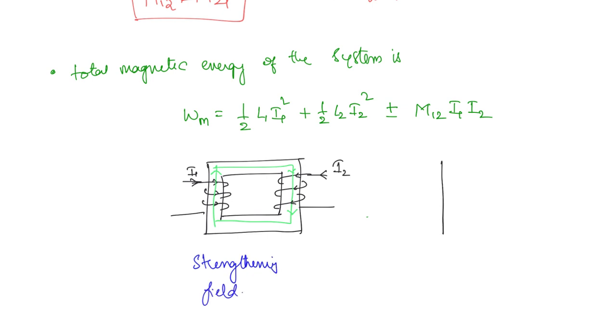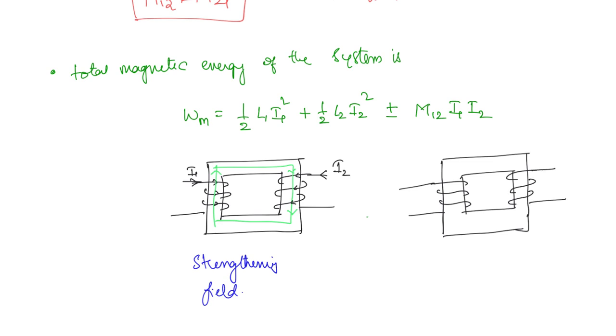Now if you take another case, we will take the same sense of windings. Okay, here also there is a coil 1 in the same sense. See, this is also wound in this way, this is also wound in this way. Okay, so next is the second coil, this is also in the same way, but here we will take current I1 like this. So because of this we have the flux in this direction, right? Now here the current we will take in this direction, it is flowing out.